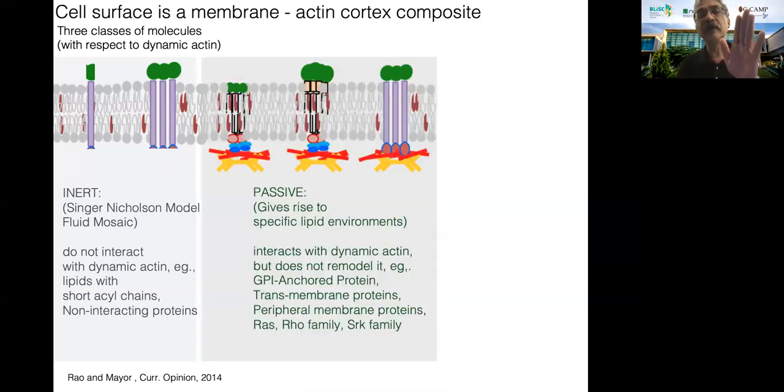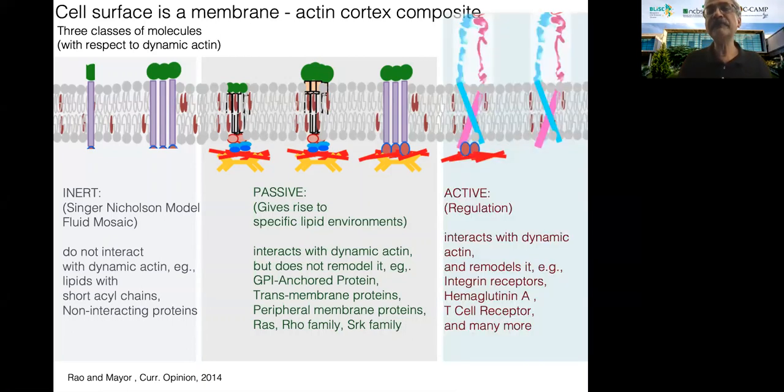Then you have passive molecules like our GPI anchored proteins that link up to this dynamic machinery at the inner leaflet, which ends up patterning the membrane both chemically and physically into patches which are rich in clusters of one kind or the other.